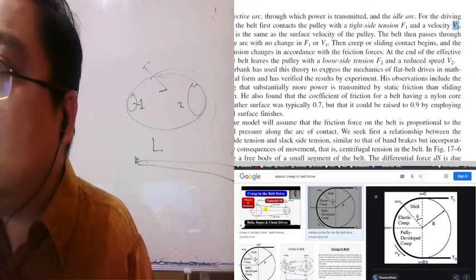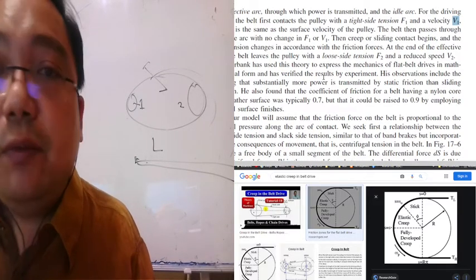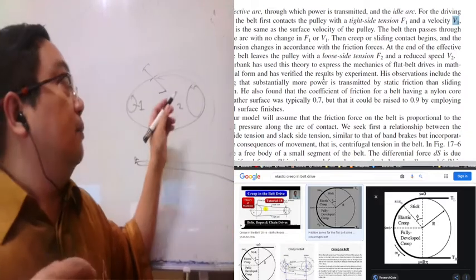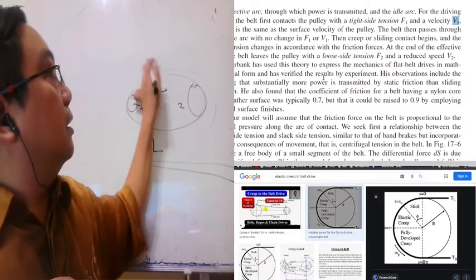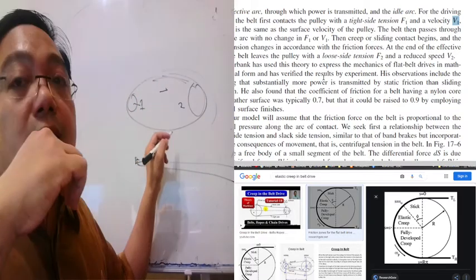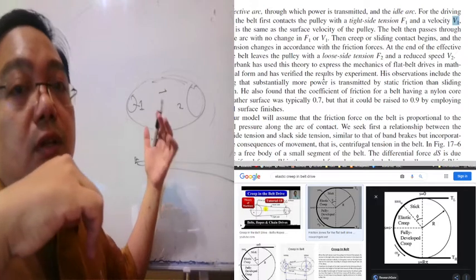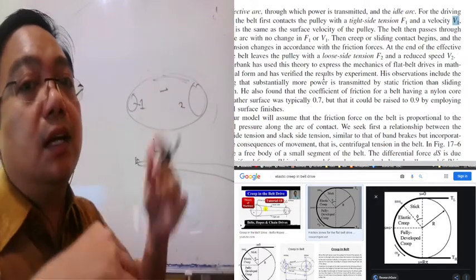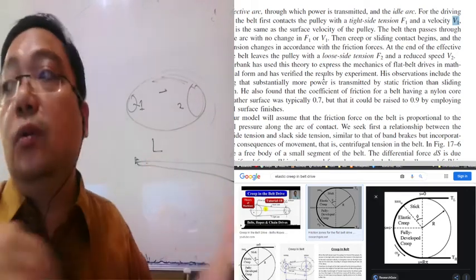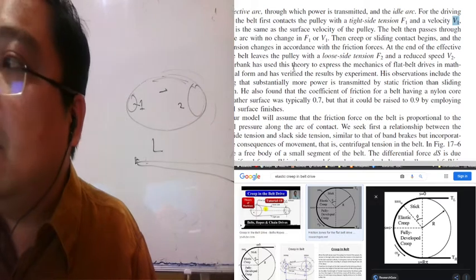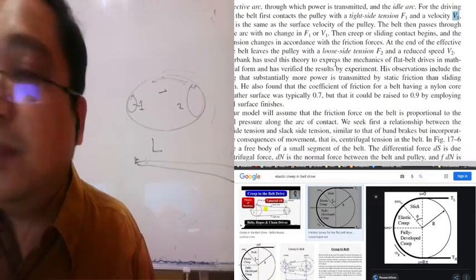At the end of the effective arc, the belt leaves the pulley with loose side tension F2 and reduced speed V2. Of course any belt has a tight side and a loose side, a contrast between upper and lower.